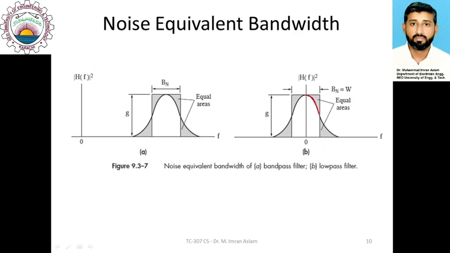A similar situation is there for the low pass filter. You see that there is a transition band here, a slight transition band. So we remove that transition band and represent it by a rectangular filter illustrated here, and whatever bandwidth that rectangular filter requires is named the noise equivalent bandwidth for that filter.